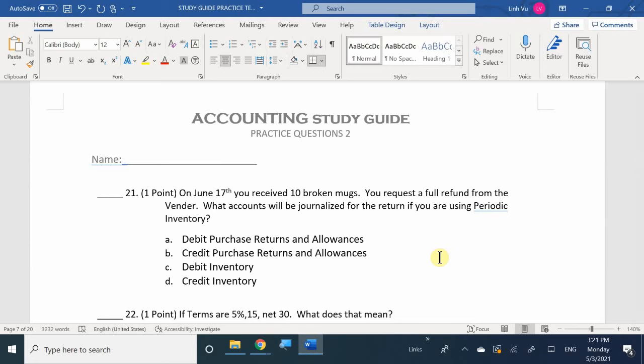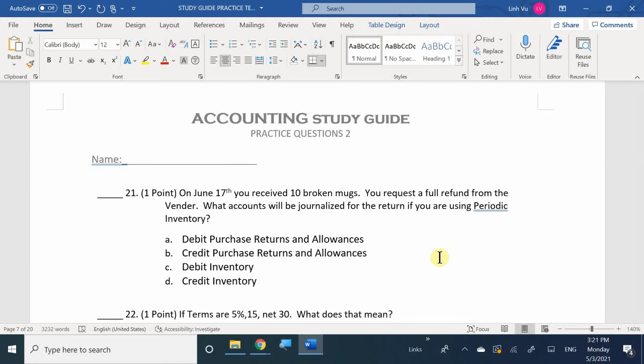That is correct. So if you guys remember, periodic inventory, right? We've been learning that when we recognize our inventory, we automatically assume they are expenses. Purchase expense, right? And because it's purchase expense, we need to keep it intact so we can do our periodic inventory.